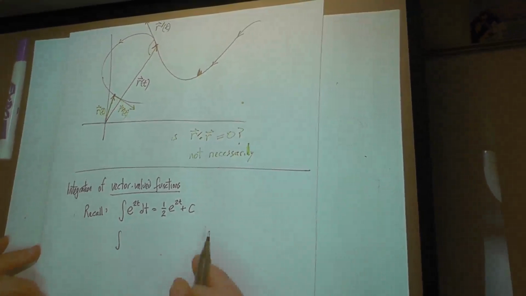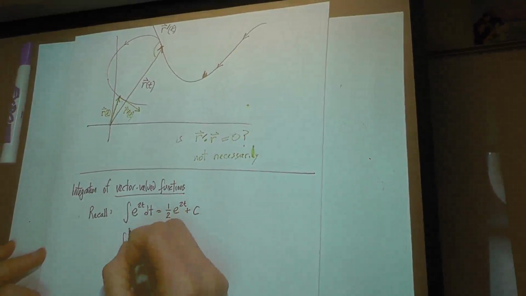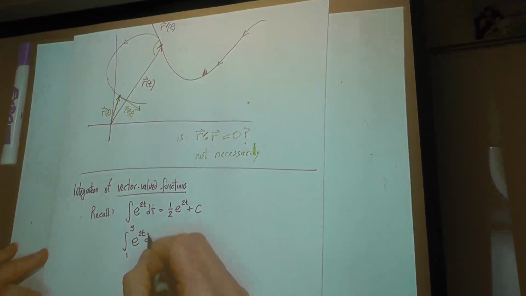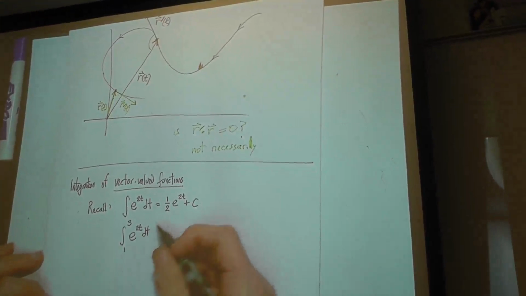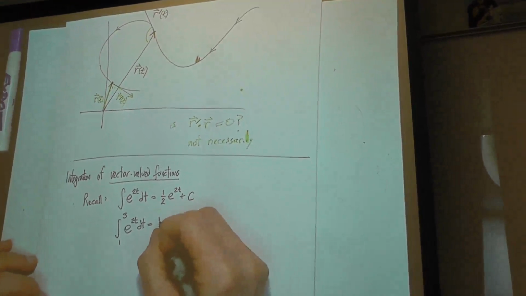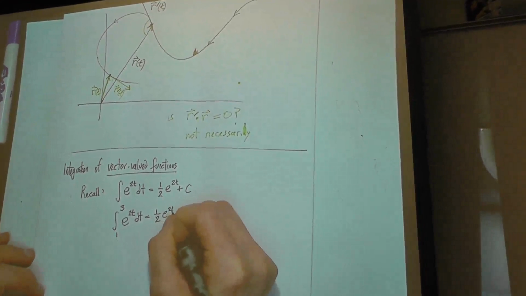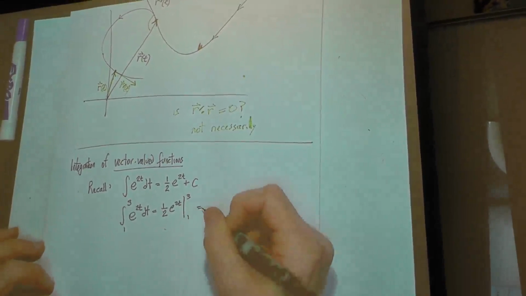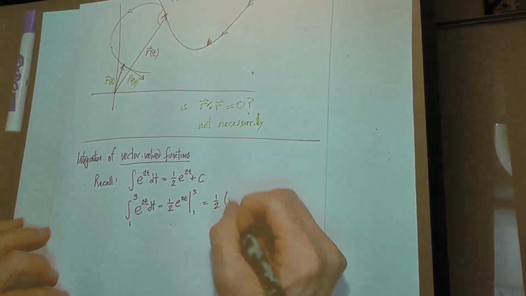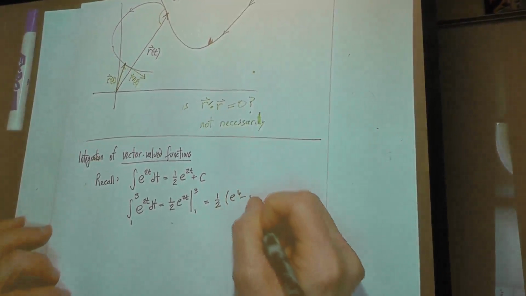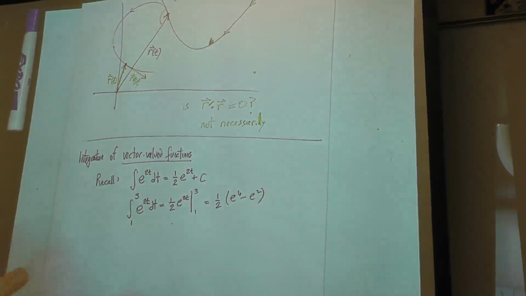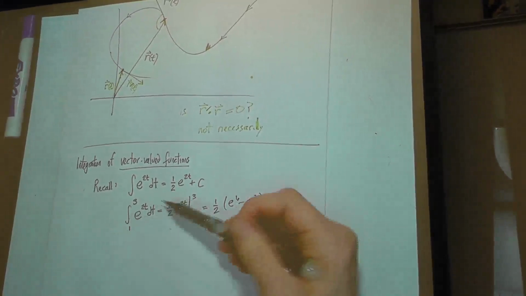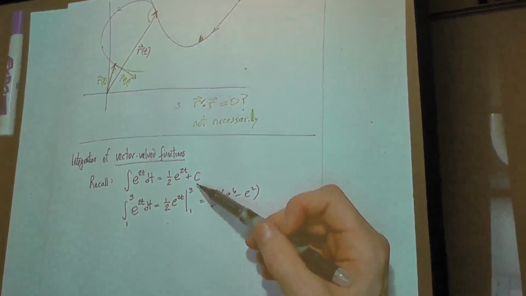If I ask you to evaluate this, this is a definite integral. What you would get would be 1/2 e to the 2t evaluated from 1 to 3, so this would be 1/2 (e to the 6th minus e squared). There's a difference between a definite integral and an indefinite integral.